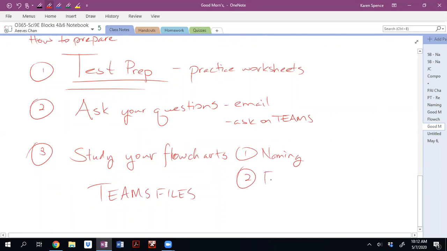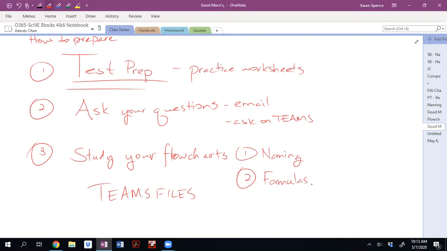Because the biggest reason that people get things wrong is that they haven't memorized their rules yet, or they're not following the steps in the rules.